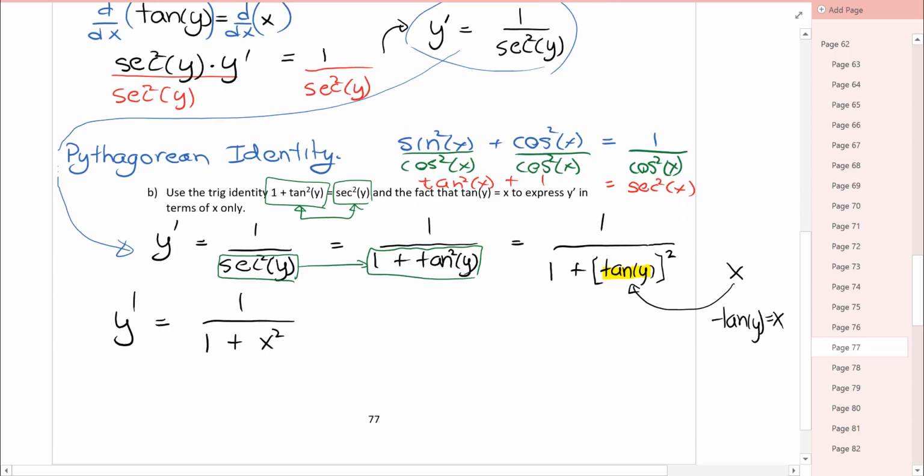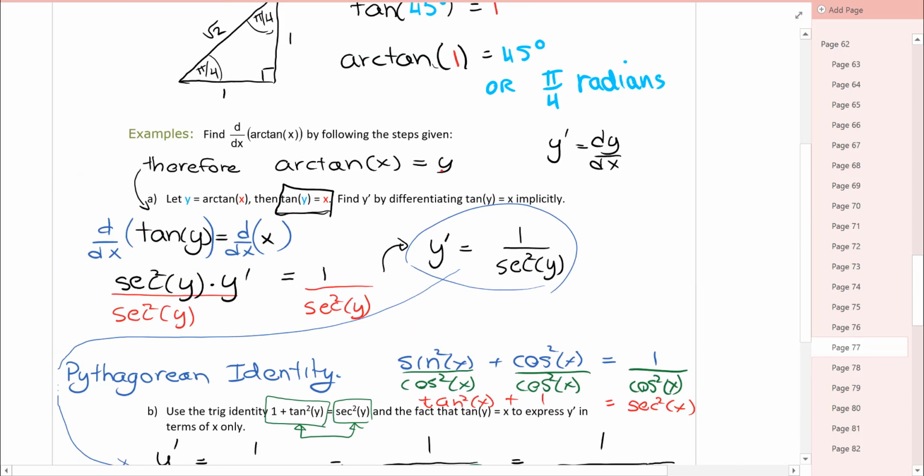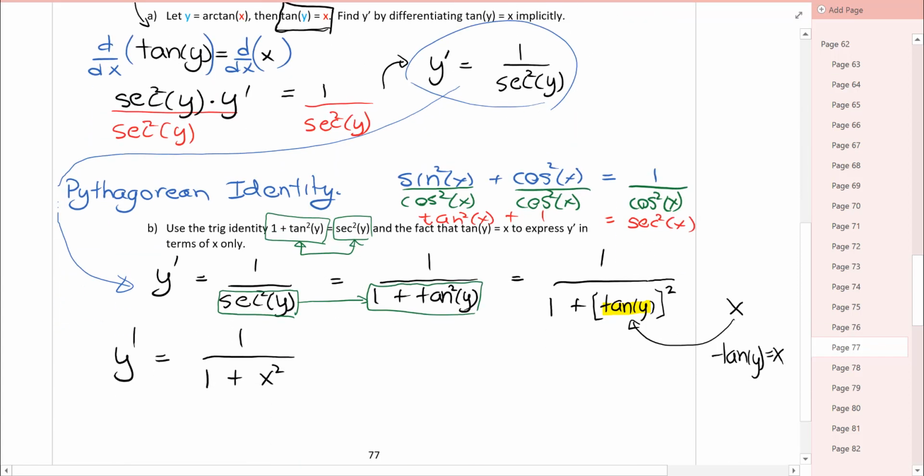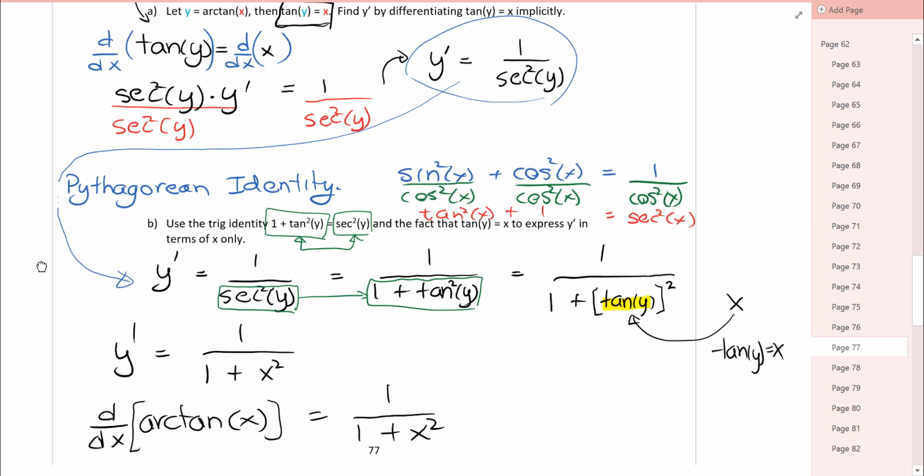And y is arctan, so y prime is the derivative of arctan. So we've got a new derivative now.